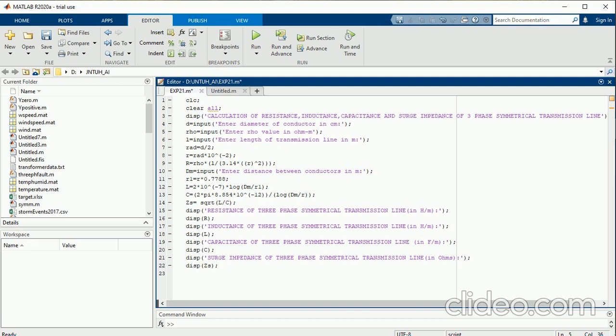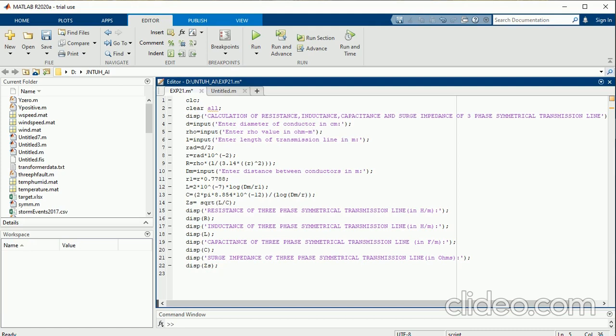So while giving parentheses, please make sure that whenever you open one, it is closed. Later I am taking the distance between the conductors. Since it is a symmetrical one, I'm considering only one distance.